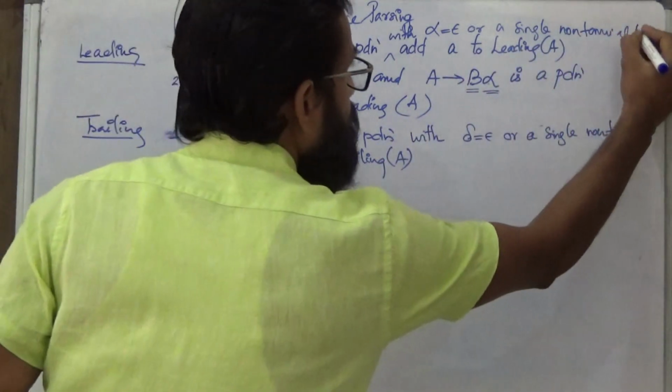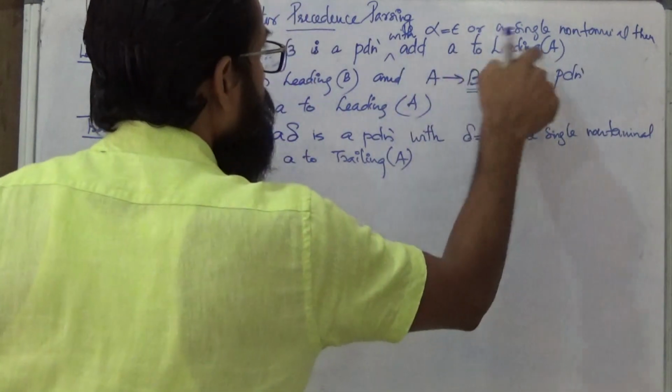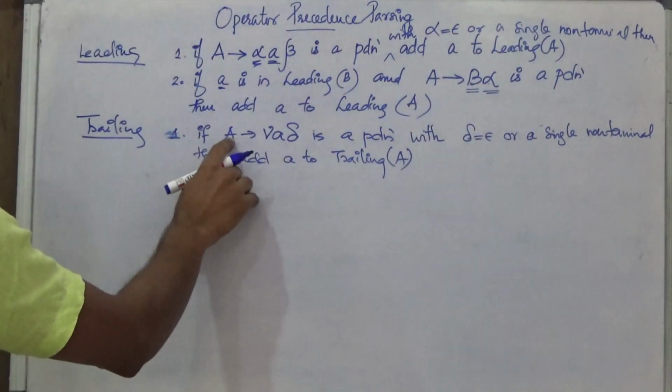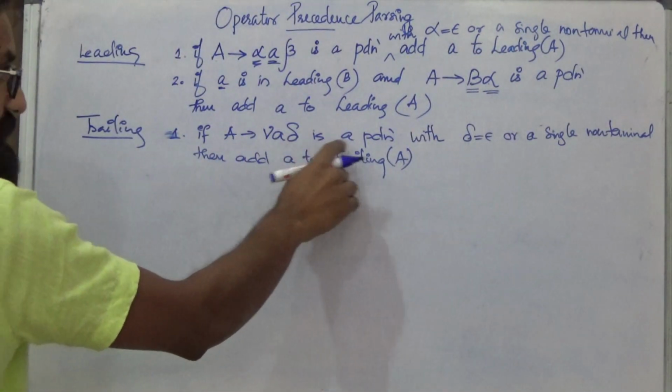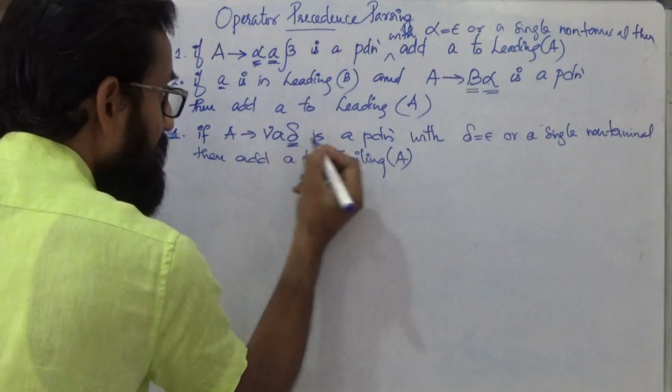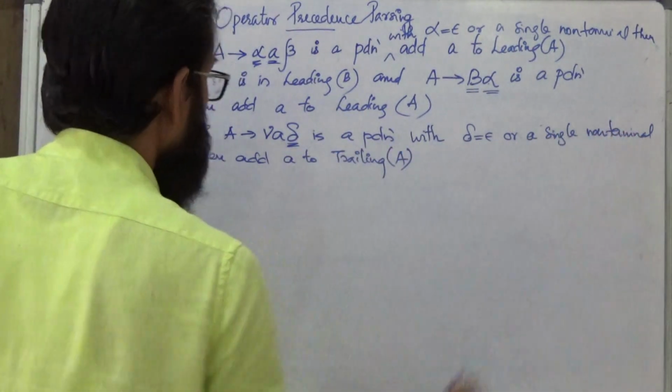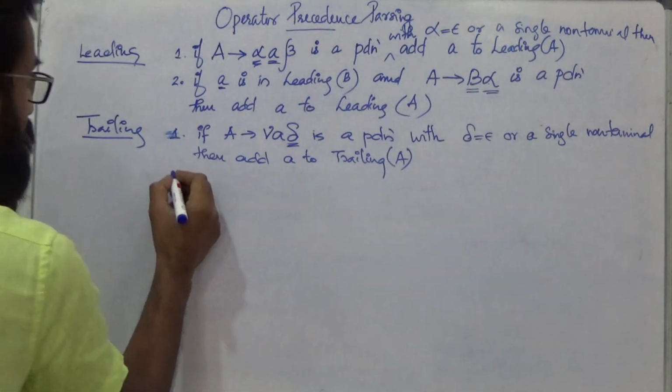Then add a to leading of A. Similarly, if A gives gamma a delta is a production with delta equal to epsilon or a single non-terminal, then you can add a to trailing of A.